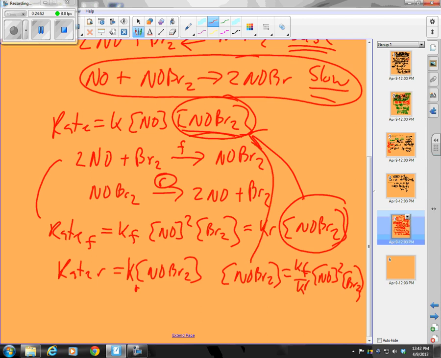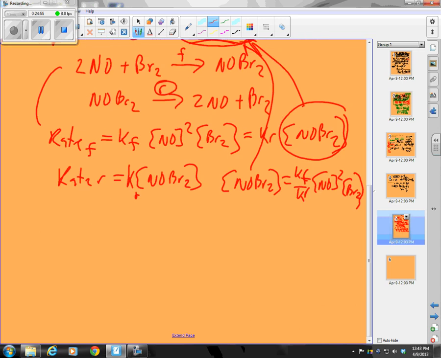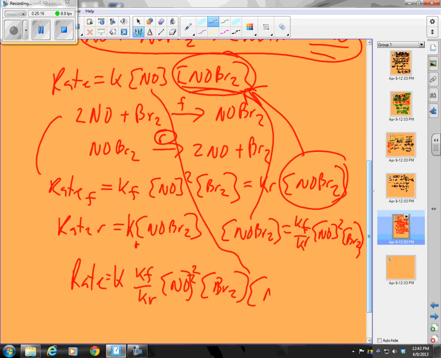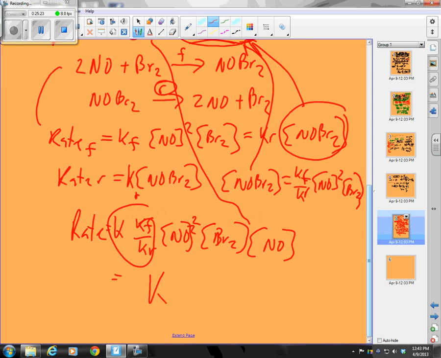Then I'm going to substitute that in right up there. So my total rate is equal to K times Kf over Kr times NO squared, times Br2, times this NO. So all this becomes one big K. So K times concentration of NO, well, how many NOs do I have?